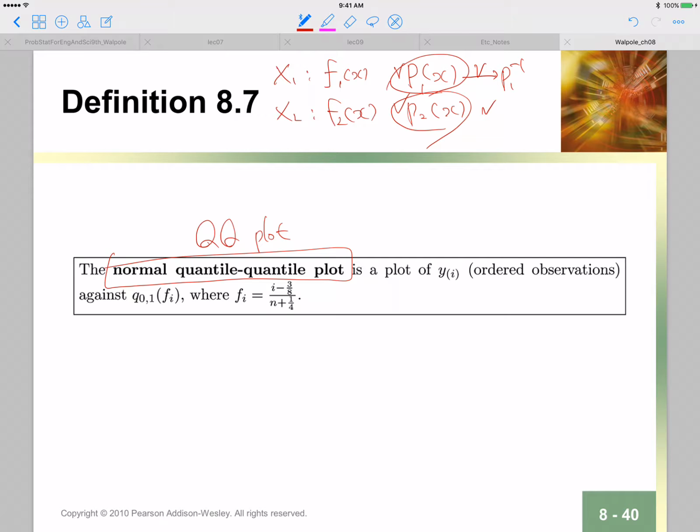Let's think about this inverse function, something like this, p2.